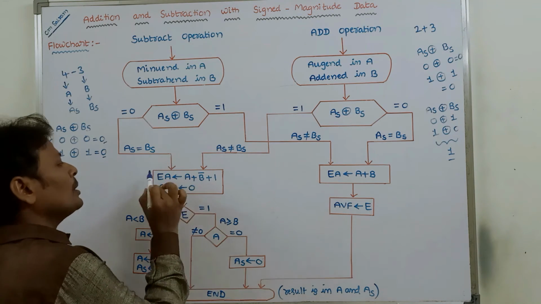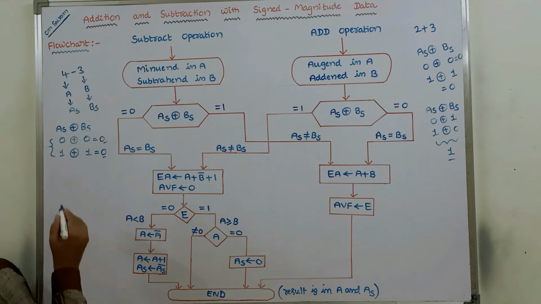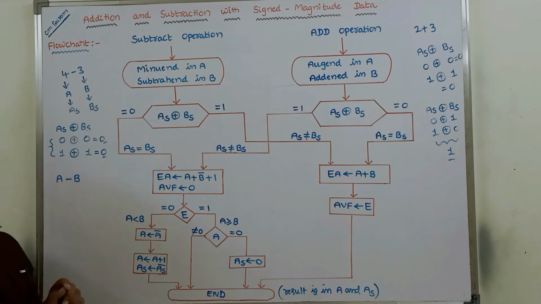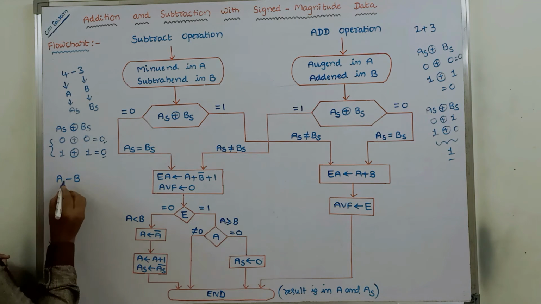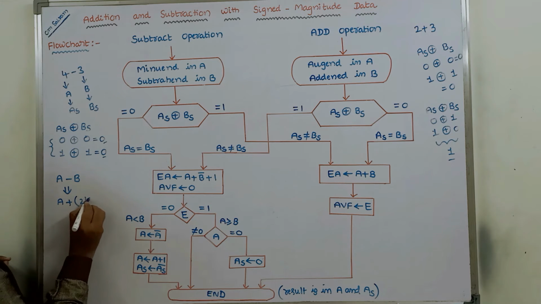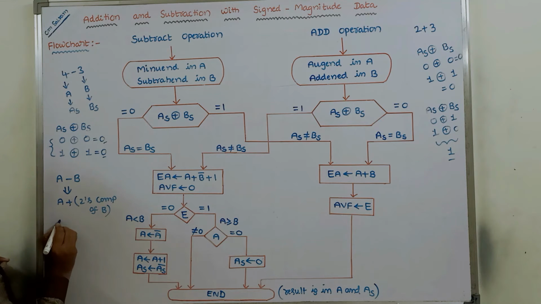We already know how to perform the subtraction operation. Here we perform A minus B. This subtraction can be converted into addition by taking A plus the 2's complement of B. How do we find the 2's complement of B?